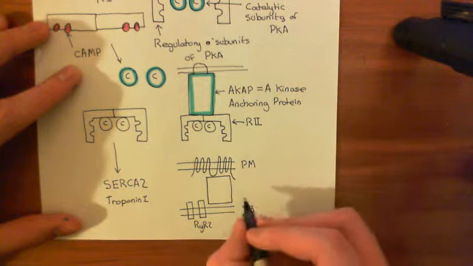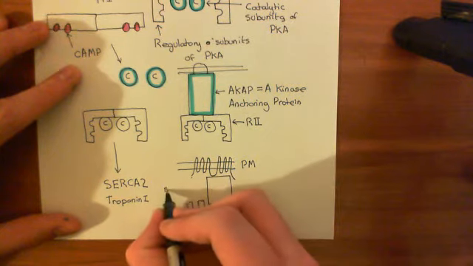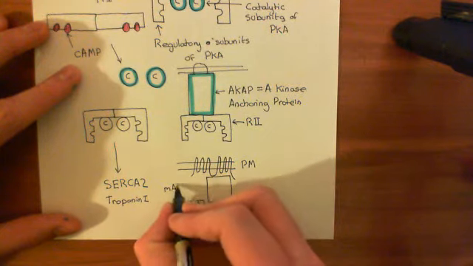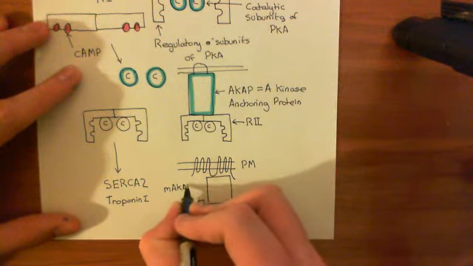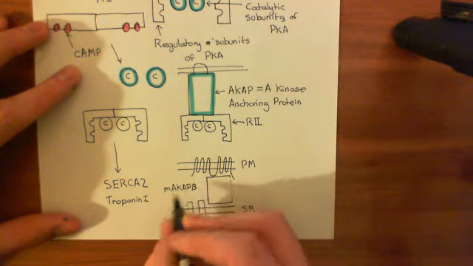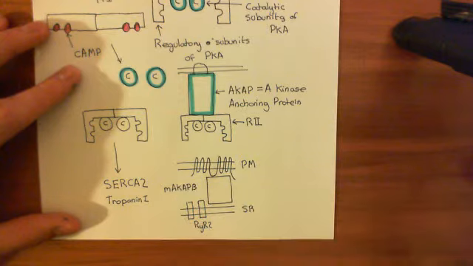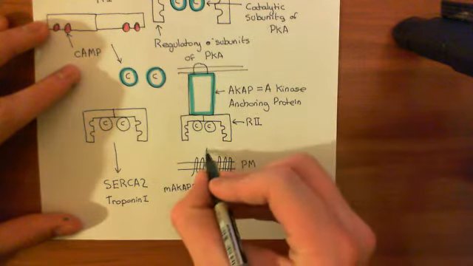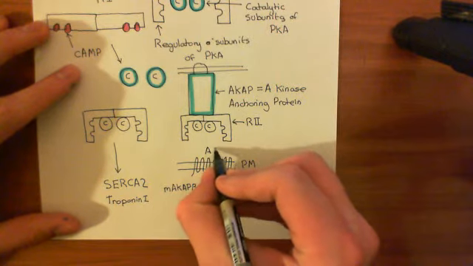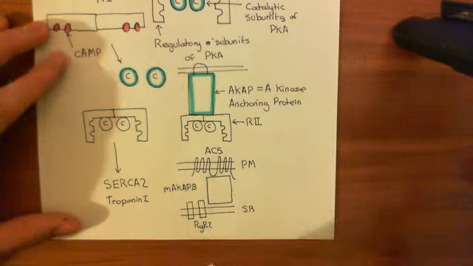And this is what's known as mAKAP beta. Okay, so this is mAKAP beta, and that stands for muscle-specific A kinase anchoring protein beta. And specifically, the adenylyl cyclase form that it complexes with is adenylyl cyclase 5.